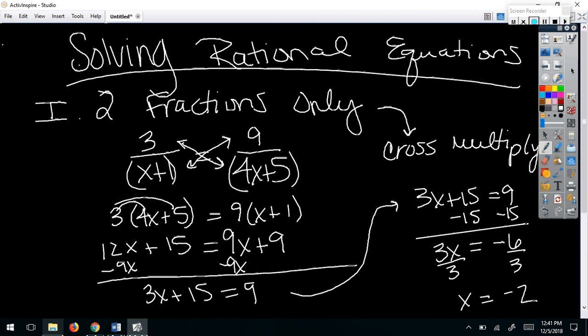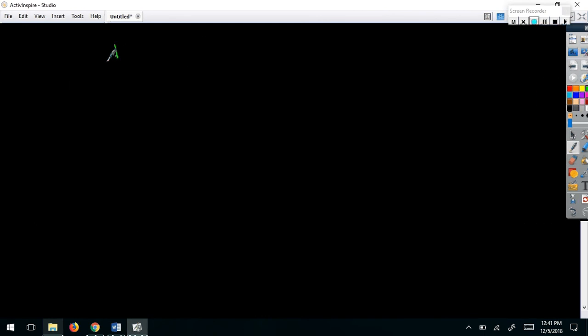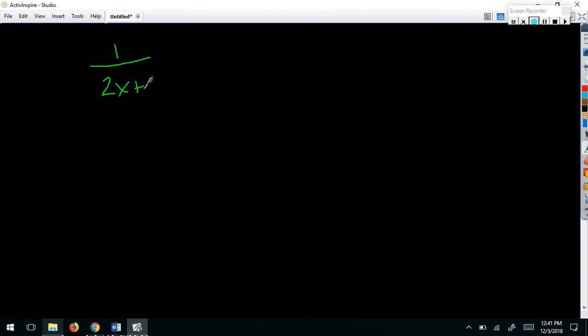Even if the 2 fractions look like this. Why is this one different? The x up top. When I cross multiply, I'm going to have a quadratic.